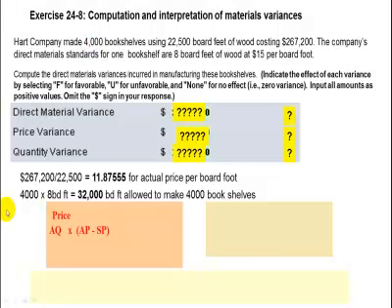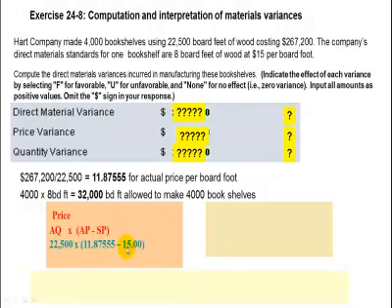The actual quantity that we used to make those 4,000 bookshelves was 22,500 board feet. The actual price that we paid for that material was 11.87555, which we figured up here, compared to the standard price per board foot, which was supposed to be $15.